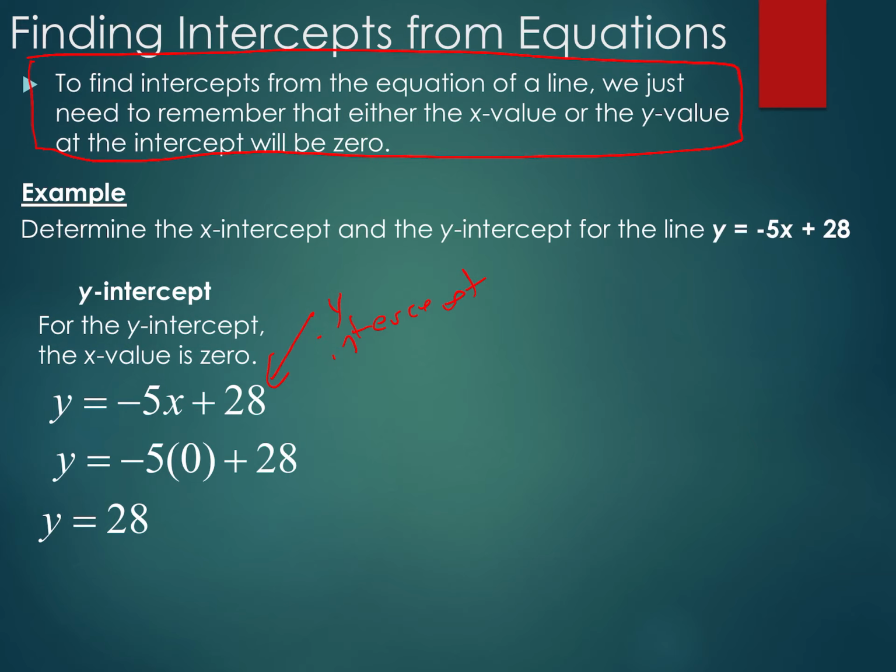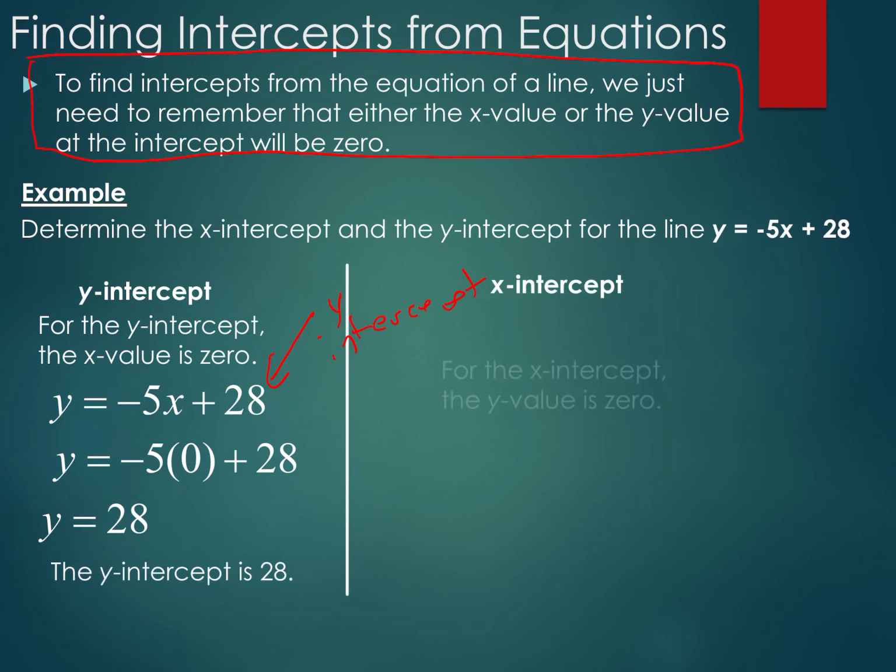And I agree completely, absolutely. For linear equations, when they're in this form, reading the y-intercept off, you don't have to sub in 0. You can just read them off there. The subbing in 0 is for other situations where it's not exactly in that form. So we're getting you ready for other things here. So the y-intercept's 28 over here.